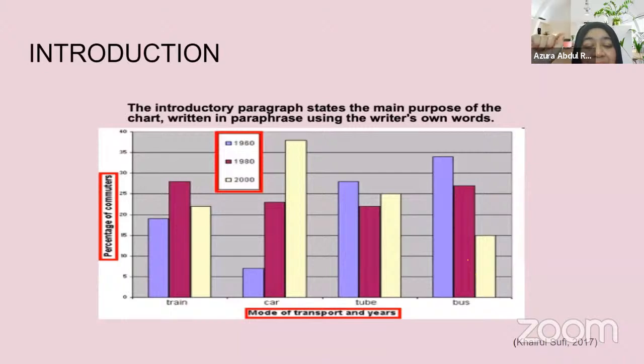What increased? The increase was the percentage of commuters that use cars. If you put here, the number of cars increased in 1960 to 2000, that is wrong. What you have to put is the percentage of commuters that use cars as a mode of transport increased from 1960 to 2000, that is correct.